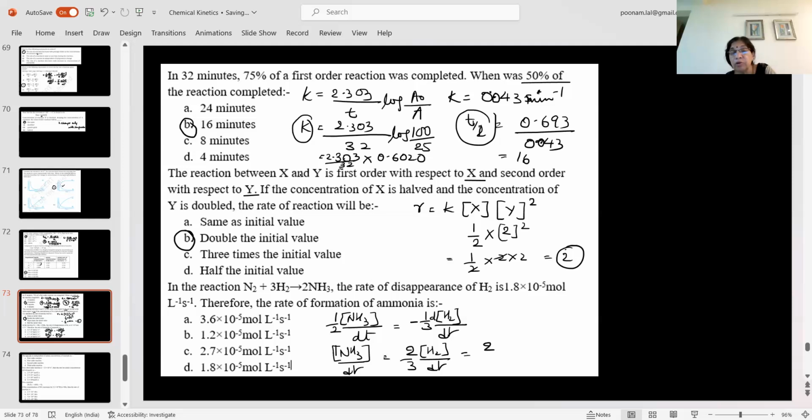So that will be equal to 2 by 3 into 1.8 into 10 raised to minus 5. So this will get cancelled. It will be 0.6. So what will be the answer? 1.2 into 10 raised to minus 5. So the answer again will be B.